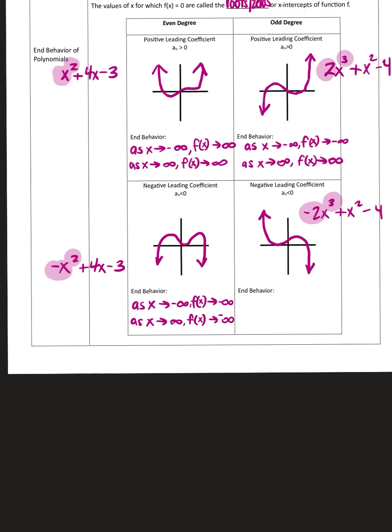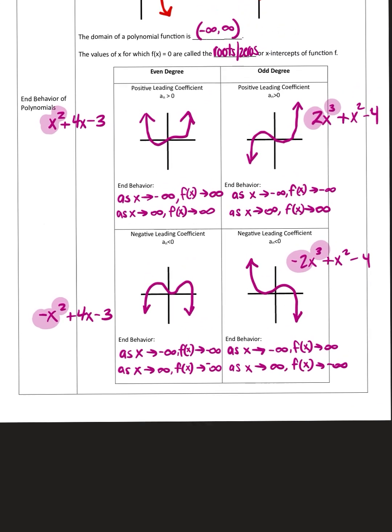And so the end behavior for this would be as x approaches negative infinity, f of x approaches positive infinity, and as x approaches positive infinity, f of x approaches negative infinity.